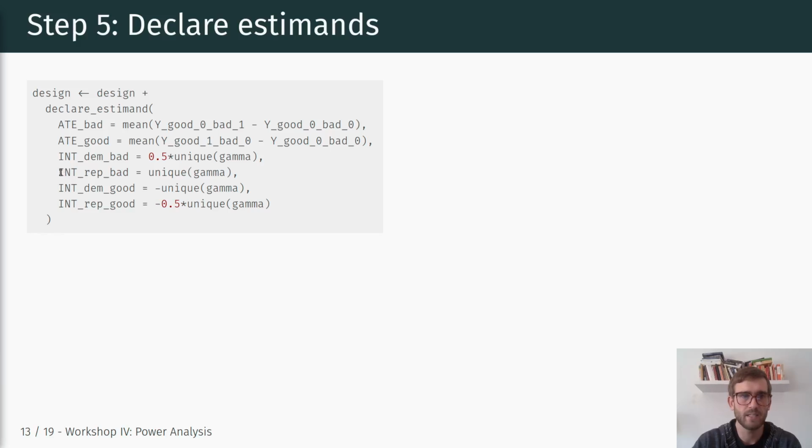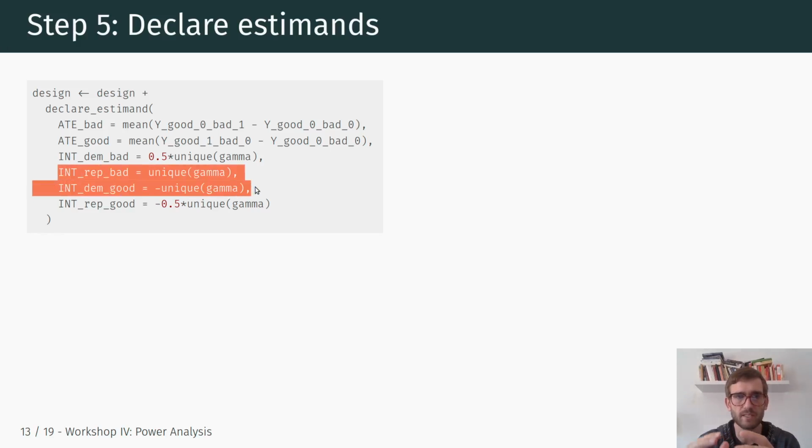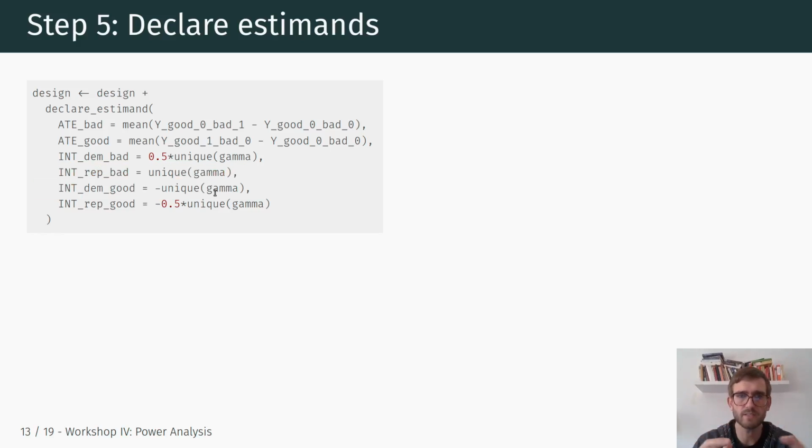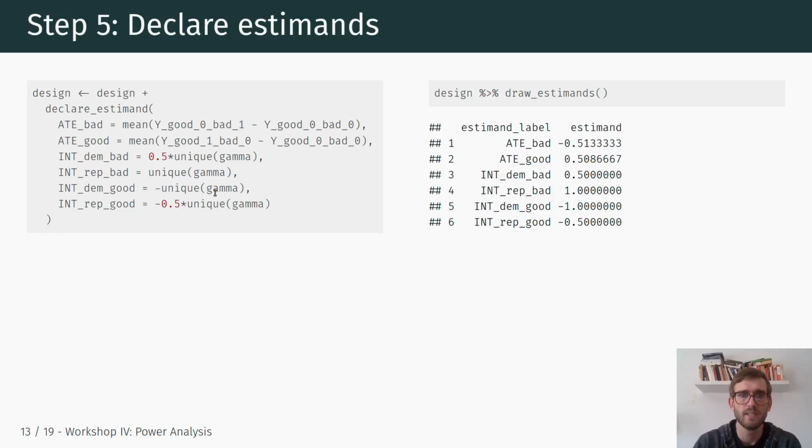And the main interest is here, of course, the two treatment effects between how Republicans respond to the negative framing and Democrats respond to the positive framing. And the idea here is, of course, that these would cancel out, they would disregard that information. And so the estimands are therefore the true gamma as well as the negative true gamma for Democrats, okay, given the data generating process and the setup that we have so far, right?